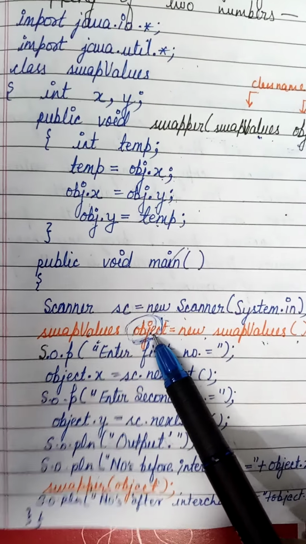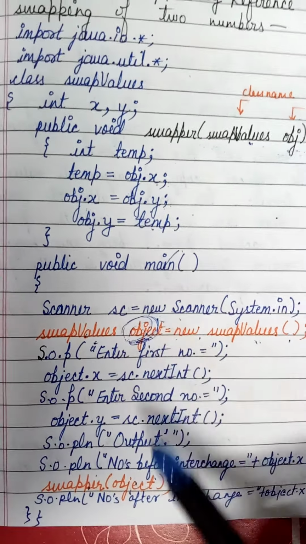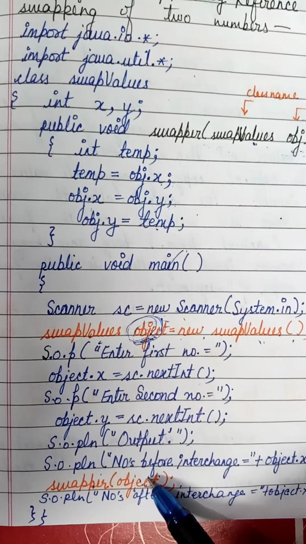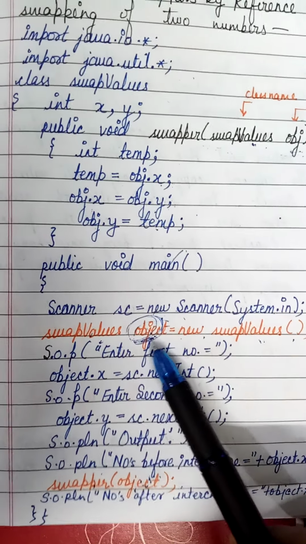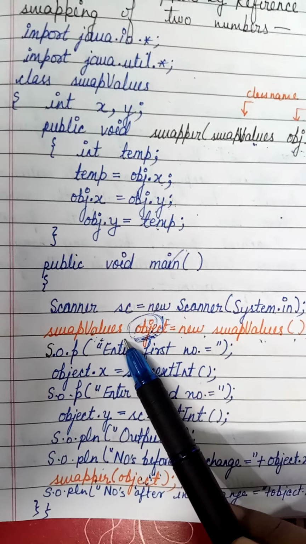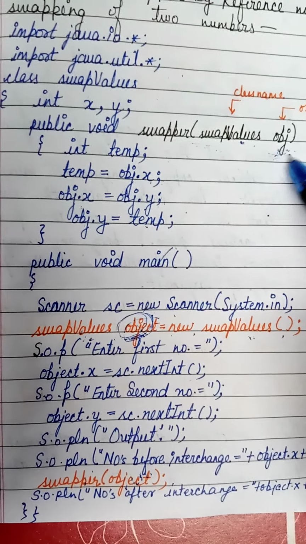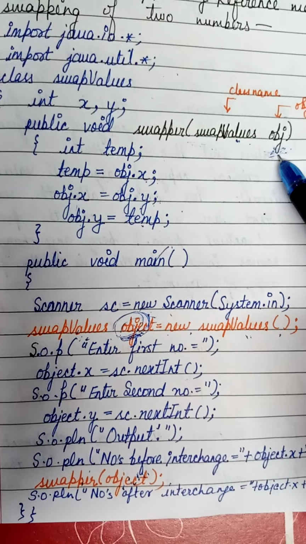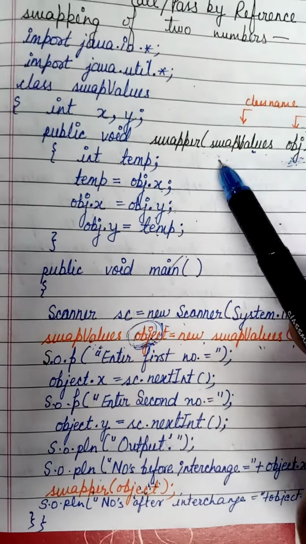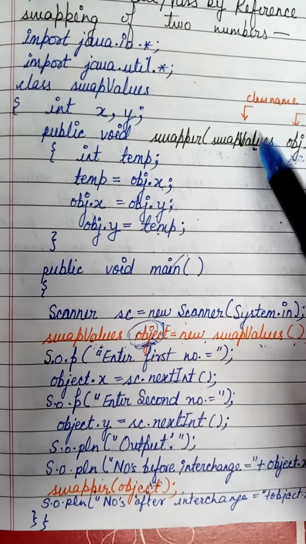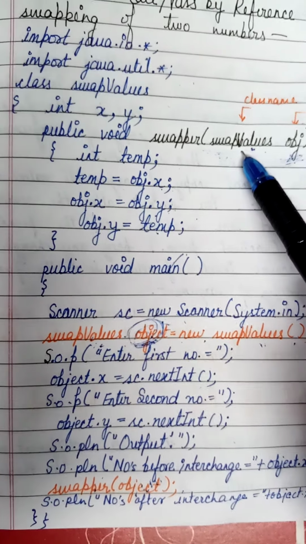You will be passing this reference. As you are passing the object of SwapValues, what is the type of object? SwapValues. So you will be receiving it here within a variable that will be of SwapValues type. The name will be the same over here and here.